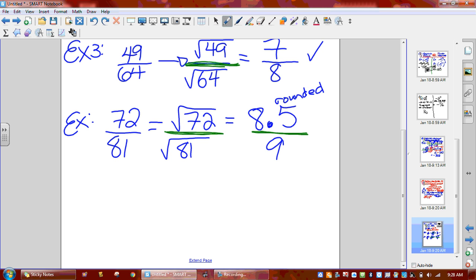9. Good. So now the top one is a run-on decimal that we had to round, but the bottom worked okay. It only works to be considered a perfect square if they both work. So this one is not a perfect square.